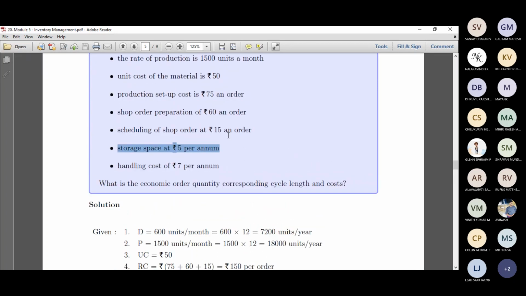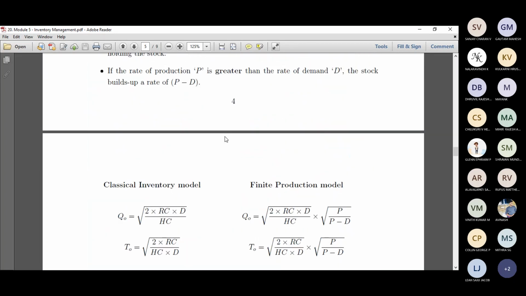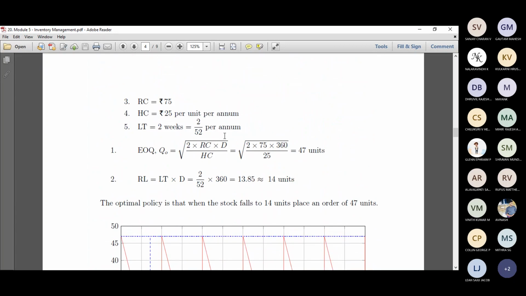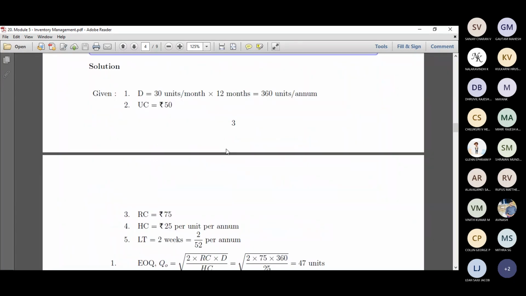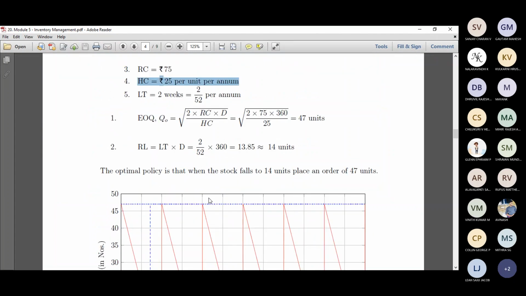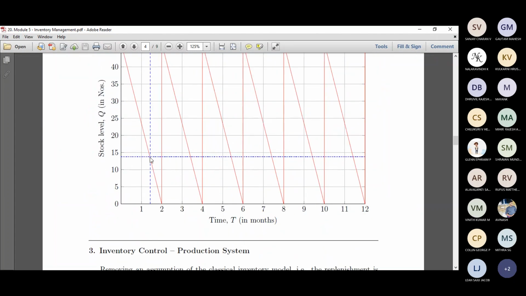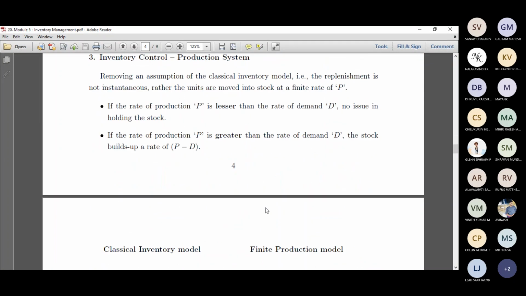Then storage space. So far we have not considered the storage anywhere. Like we talked about holding cost of the items, but it is stock wise, but we did not talk about storage wise or something like that, because we don't store it, because the replenishments are instantaneous.